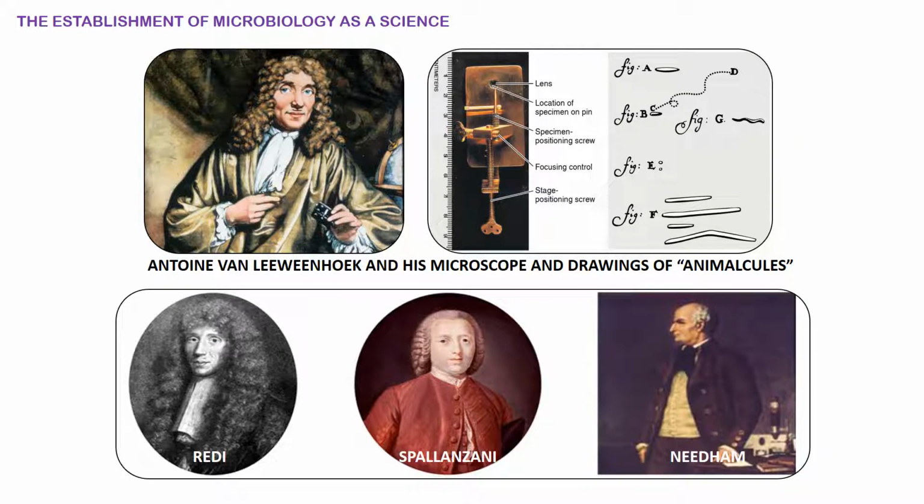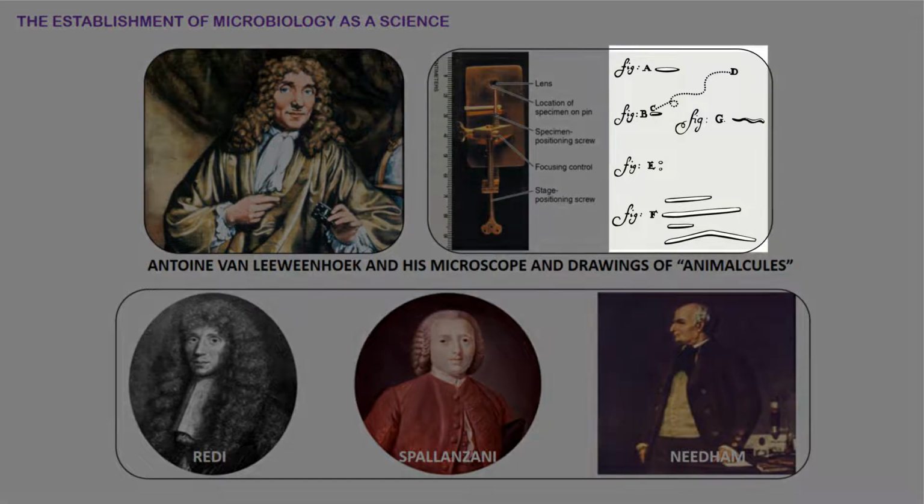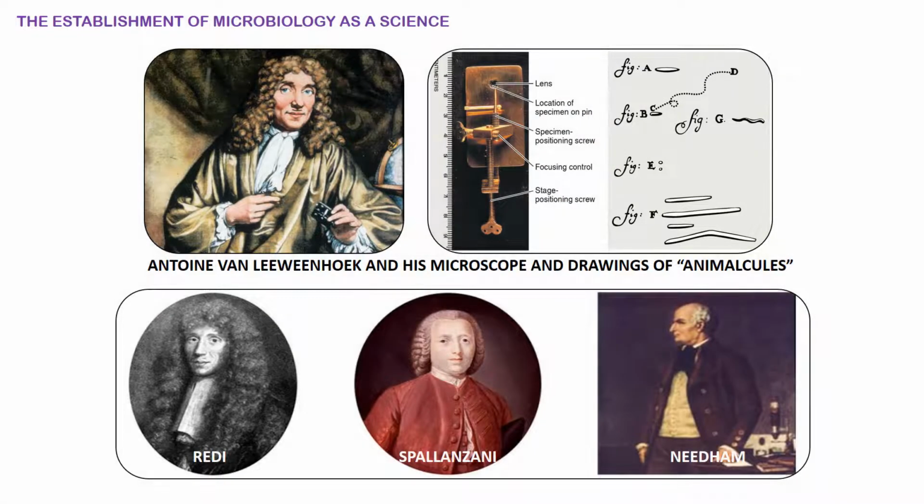This is the microscope that he used, which was way advanced during that time. And the design, the concept is still being used in our compound microscopes today. Now on the right are his drawings of protozoa, bacteria, sperm, things that he called animalcules. And these are observable only under the microscope.